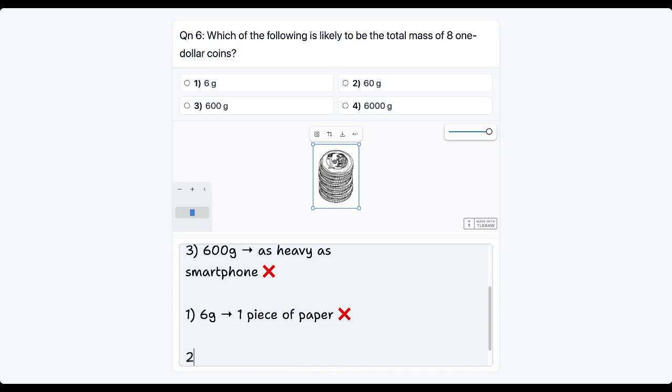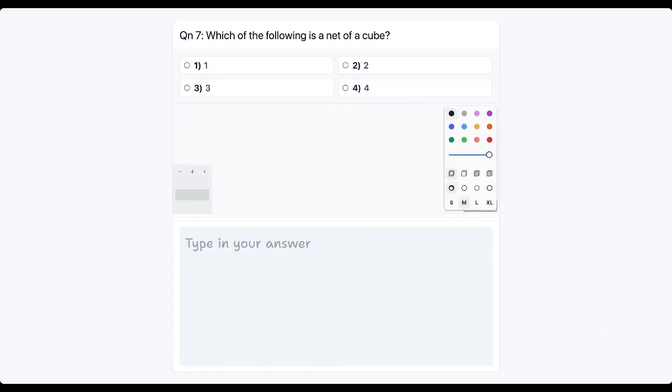So that means it's two, right? So 60 grams should be the answer, roughly. So 60 grams is as heavy as your coins. That's what you see over here. All right, that's it. Let's move on to the next question.